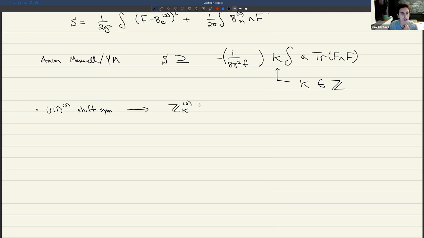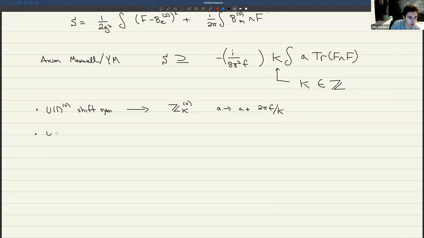So that can generate some kind of potential effectively that breaks the shift symmetry. And in this case, what it breaks it to is ZK. So A can shift by 1/kth of its periodicity, where k is that coupling constant. So in the minimal case, when k is 1, you break the shift symmetry completely.